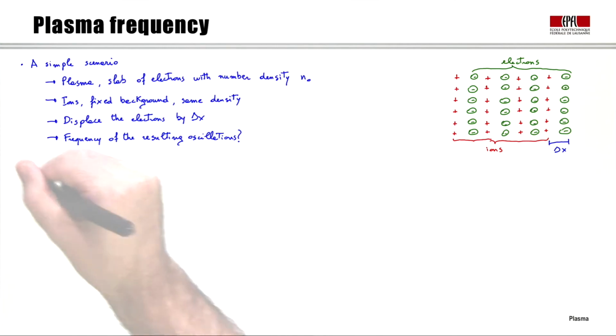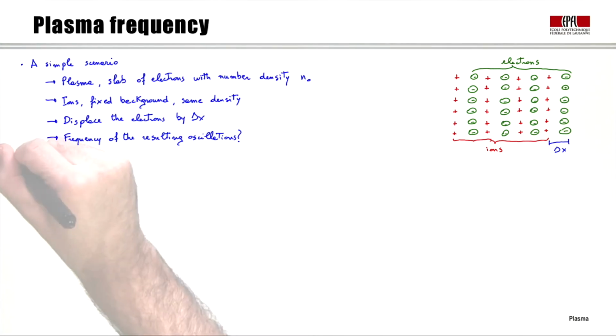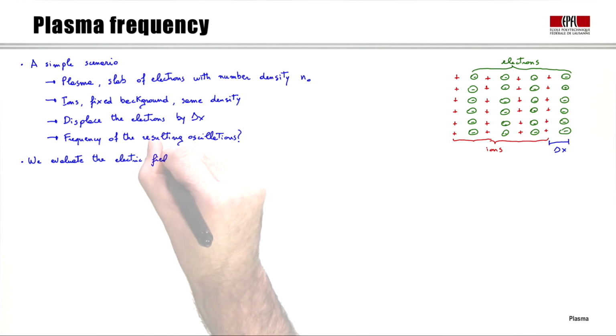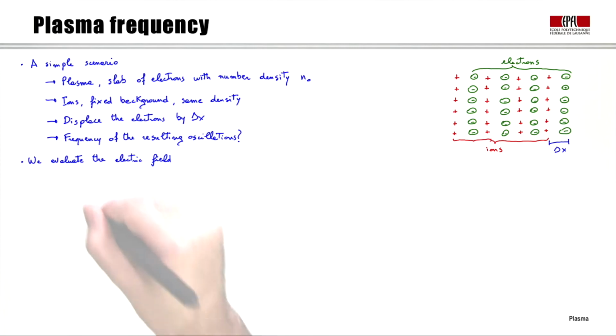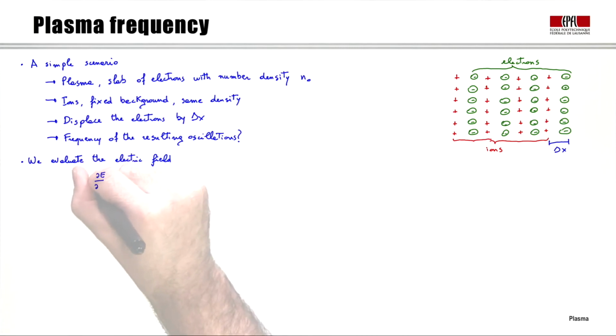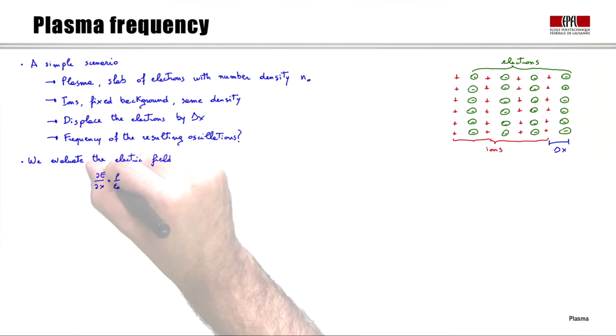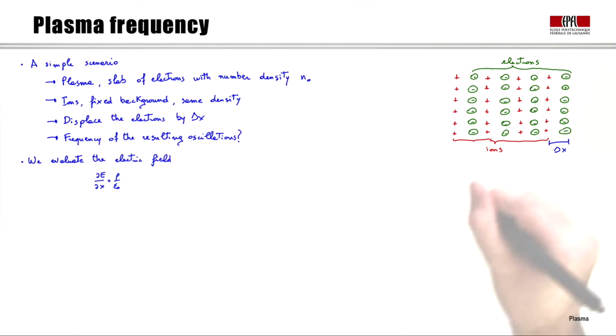The first thing that we have to do is to evaluate the electric field. We do it by solving Gauss' law. Now, what is the charge that is present in our system?